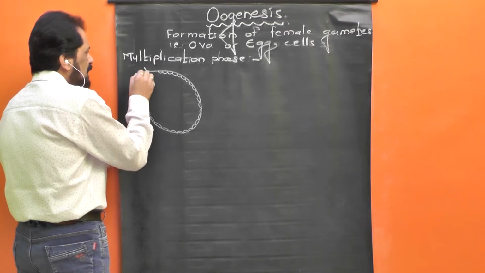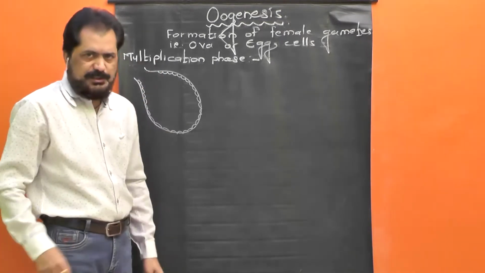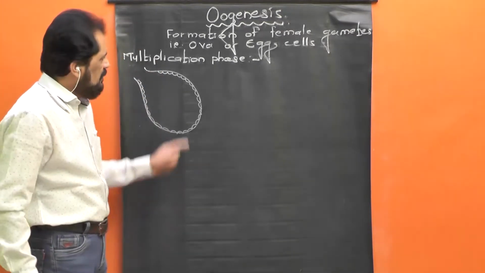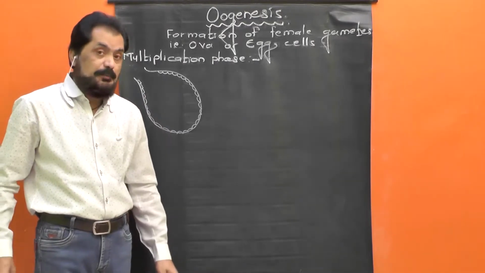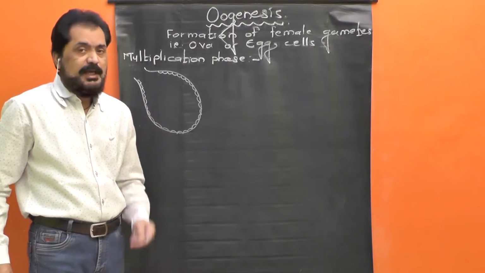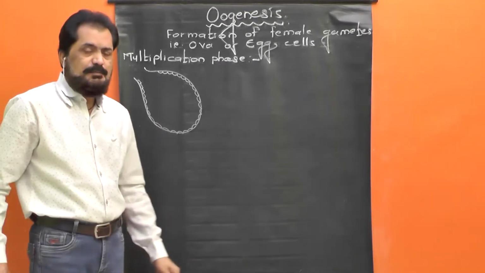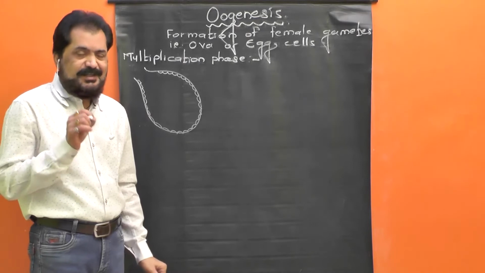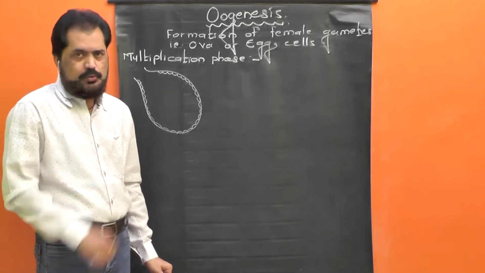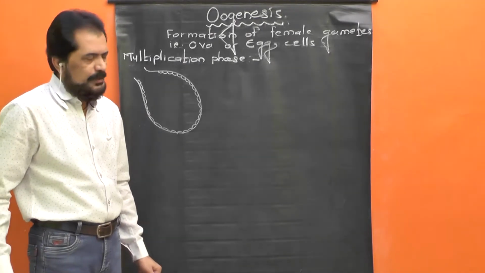It is known as germinal epithelium, isn't it? These germinal epithelial cells are diploid in nature, that is, they have two sets of chromosomes, meaning each germinal epithelial cell contains 23 pairs of chromosomes, 46 chromosomes.